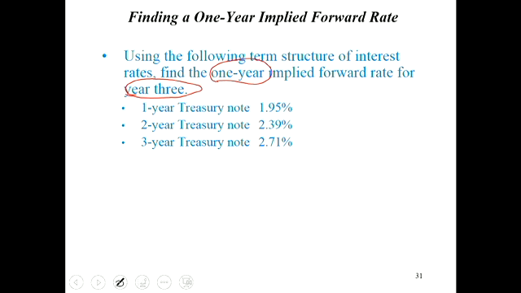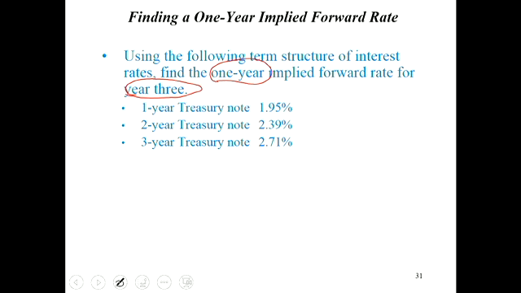So put it in. There's 1 plus 0R3 cubed. That's that one there. And that's going to equal 1 plus 0R2 squared times 1 plus the 2F1. And that's not to any power, because that's simply a 1 period.